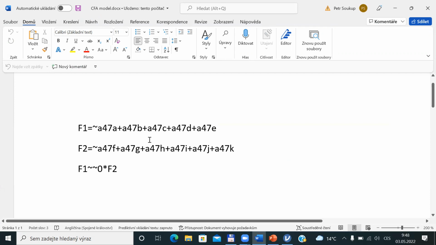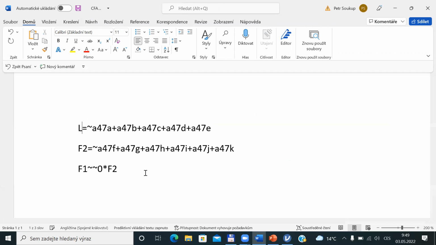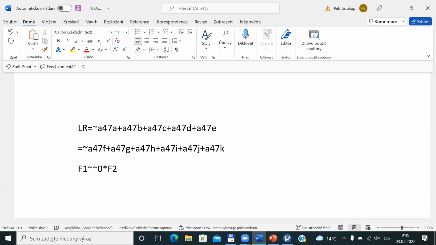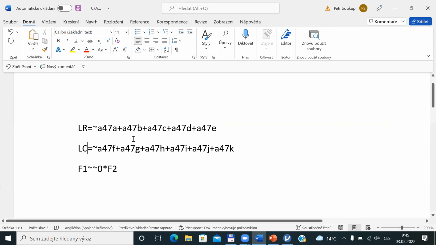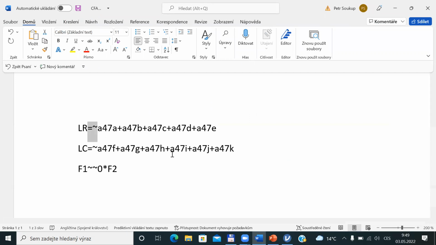If you have two factors, first you add some names. For consistency, I would use LR instead of F1 and LC for F2. Sometimes CFA is called a measurement model, as I'm trying to measure something behind it by indirect observations of some variables.